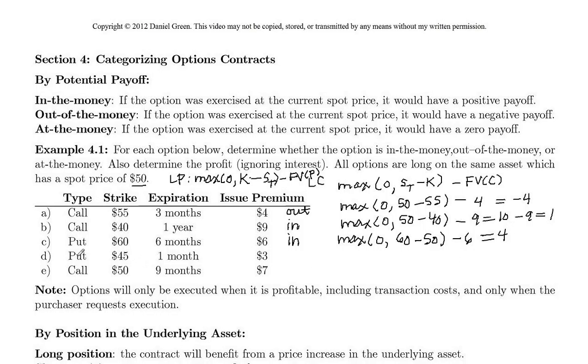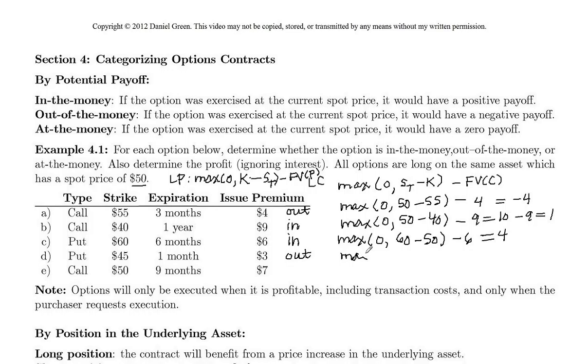Next up, we've got a long put for $45. Okay, so we've got a right to sell it for $45, but the market price is $50. So if we exercise that, we'd have a $5 loss per contract. So this one is out of the money. We are not going to exercise.